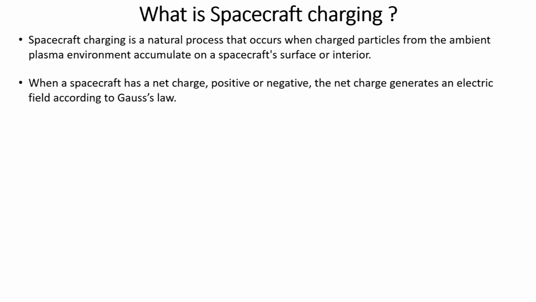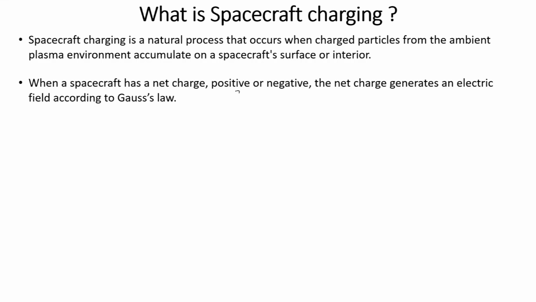So, whenever a spacecraft has a net charge, it can be positive or negative. Whenever it is not a neutral environment, what is the result? The result is that it will create some electric field intensity or some electric energy or potential energy.